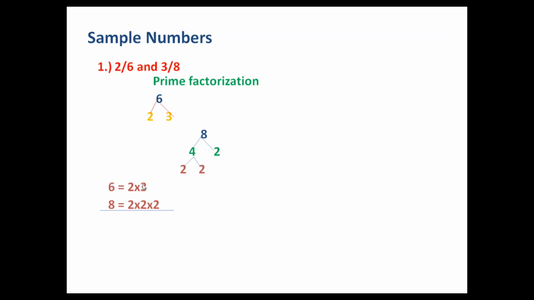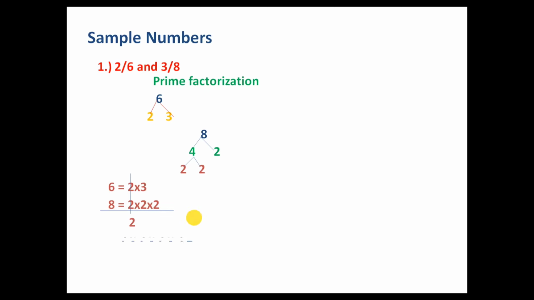As we can see, we have the common factor 2 and 2. We'll just count this as 1. Then the numbers that don't have common factors, we'll just copy.